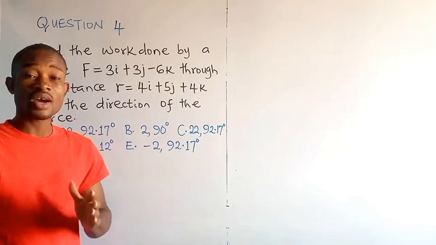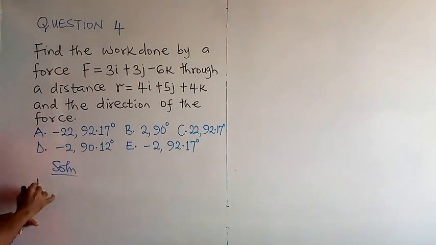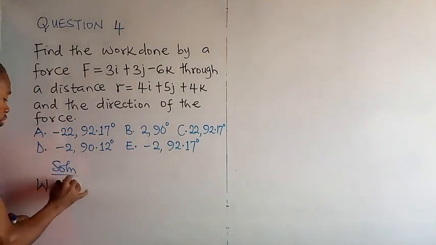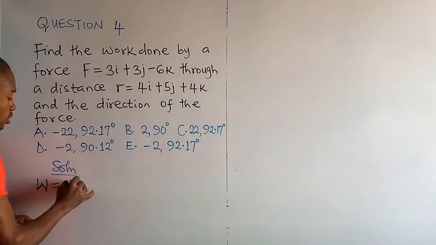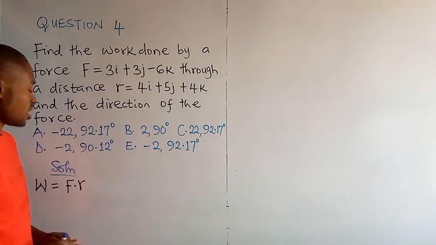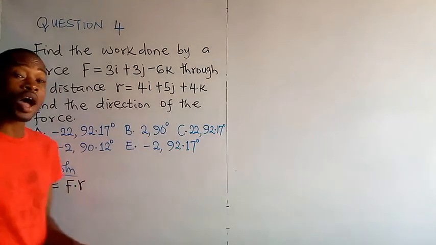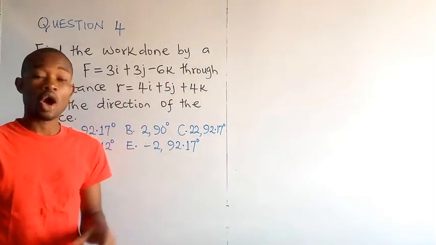And because it is a scalar quantity, in order to obtain the value of this work done, all we have to do is to solve that work W is equal to F dot this distance R. That is actually radial distance anyway. This dot here is pronounced dot product or scalar product.